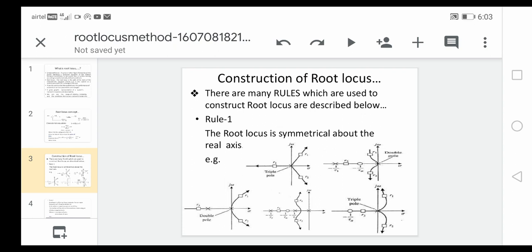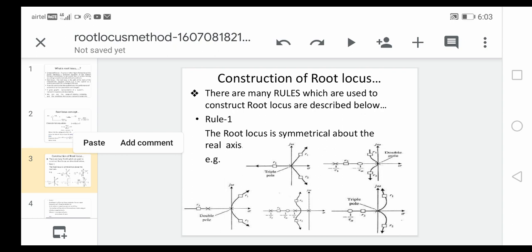Simply consider any point on a real axis, and you check on the right hand side of that particular point. If you are having an odd number of poles and zeros, that point will be on the root locus, otherwise that point will not be on the root locus.